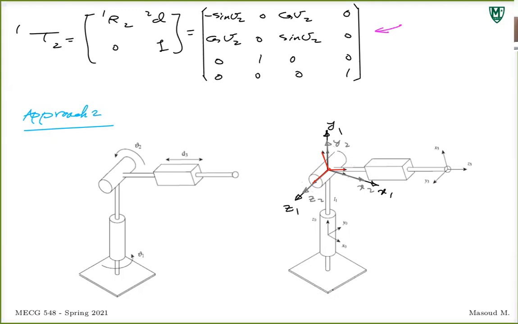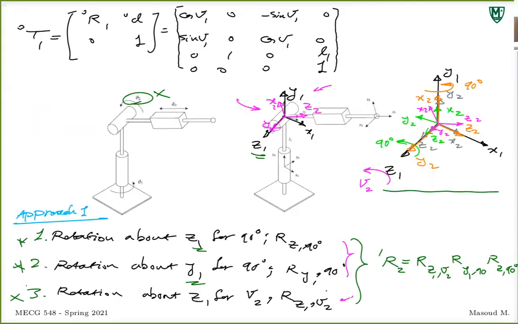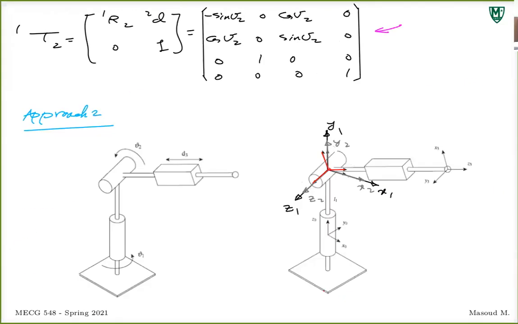I'll remove it. Just want to mention that the direction is already z2. You want to get into these axes. I'm not going to mess with them. Let's follow these steps now.